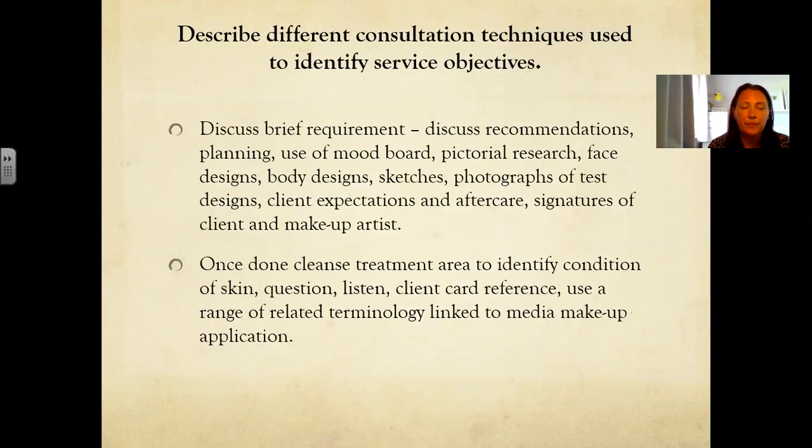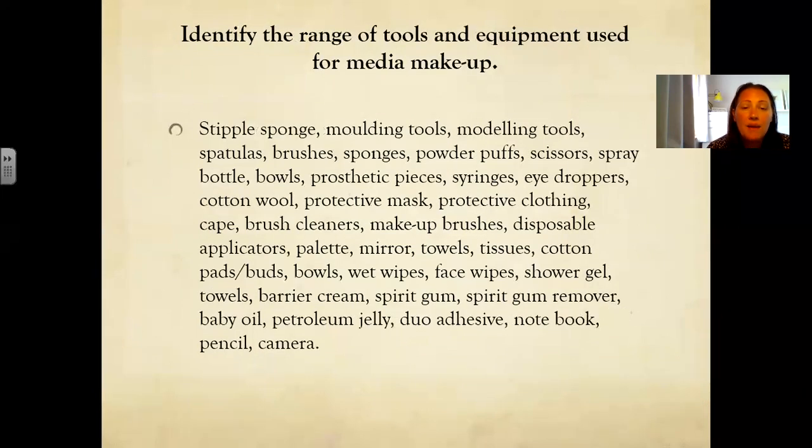Okay. So there's a range of products and tools and equipment which are listed. Okay, it's really fairly important that you actually look into some of the products. Okay, so these are a lot of the tools.